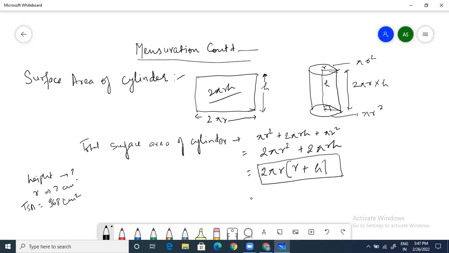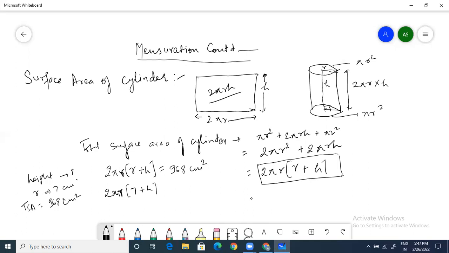Now we already know that the formula for total surface area is 2 pi r into r plus h. This is your formula. This is given to us as 968 centimeter square. Am I right? Yes, sir. I am given r, but I am not given h. This is what I have to calculate.